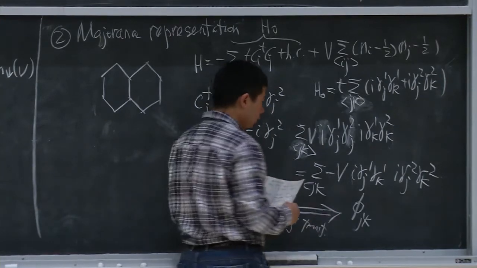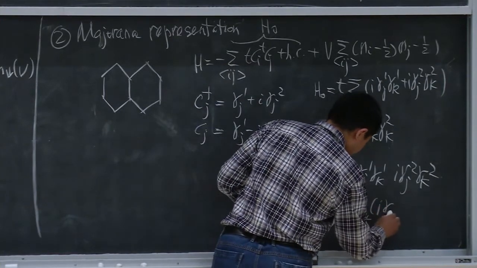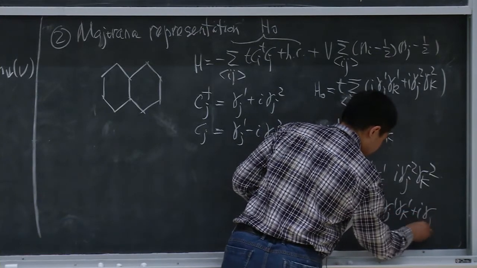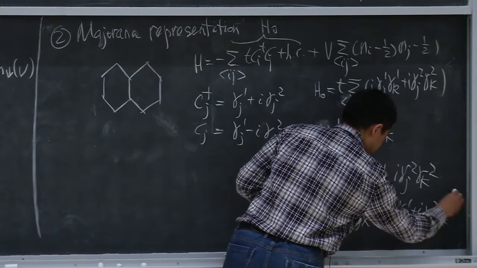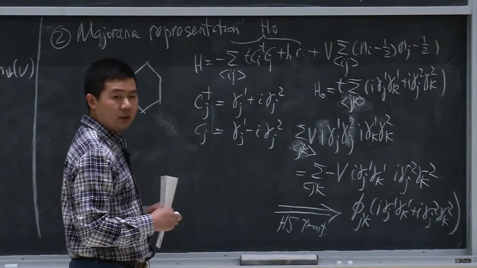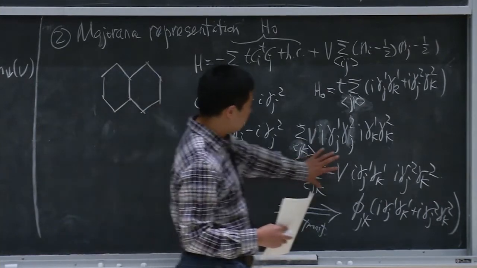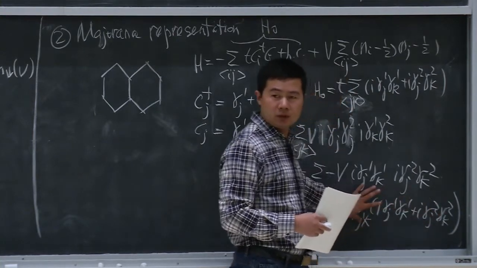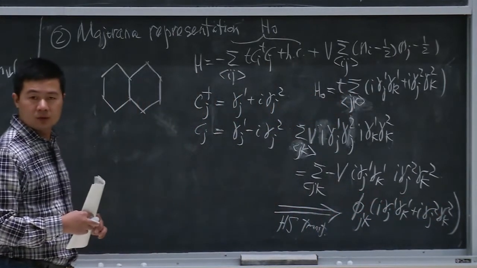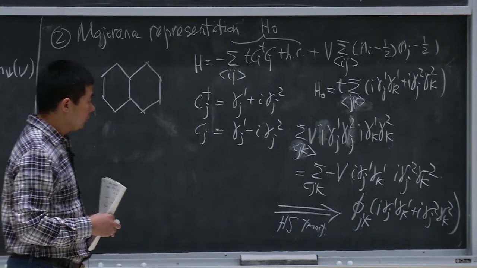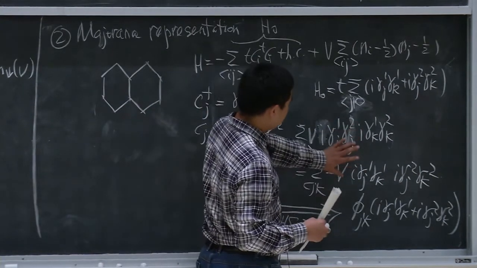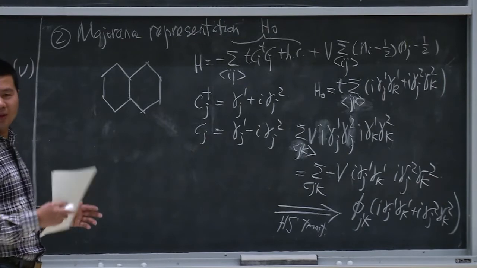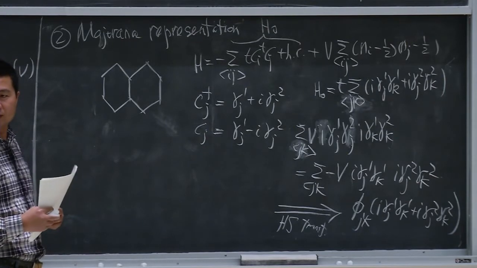So now the auxiliary field lives on the bond. Okay, so after this Hubbard-Stratonovich transformation, this four-fermion interaction term is converted to a fermion bilinear coupled with an auxiliary field. So now we successfully separate component 1 and component 2. And this doesn't mean it's sign problem free.